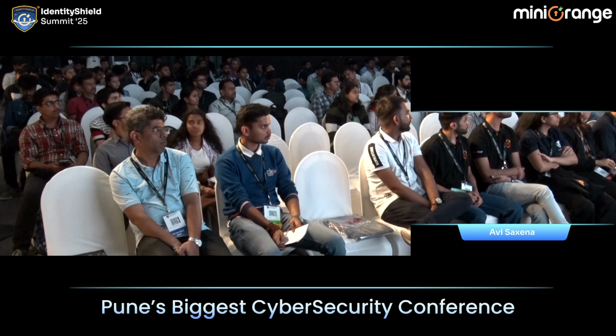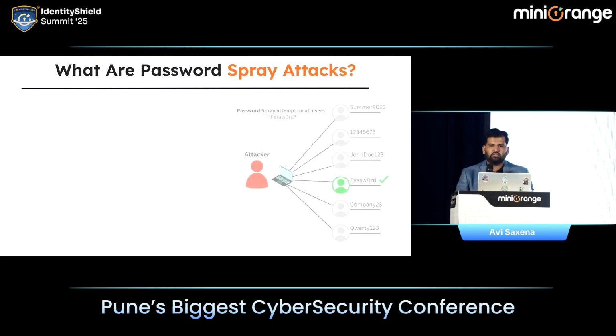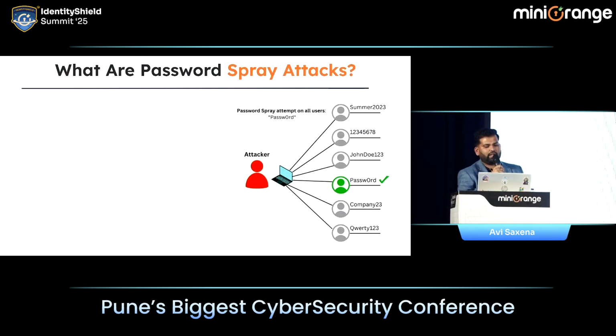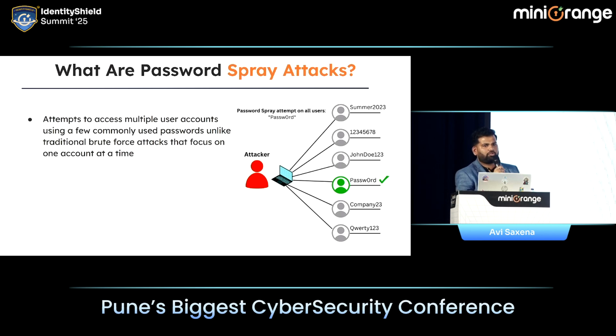Right. So basically, password spray attacks are a bit different from the typical brute force attacks. There's a list of users and a list of common passwords, or maybe data-breached passwords which are available on the dark web, and they can be used to spray those passwords against a different list of users.